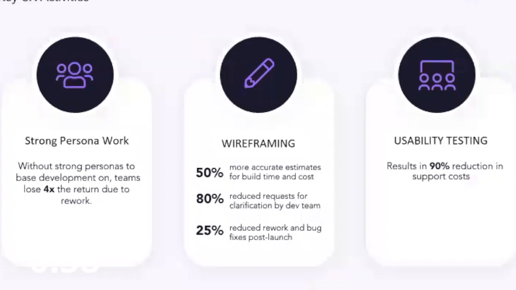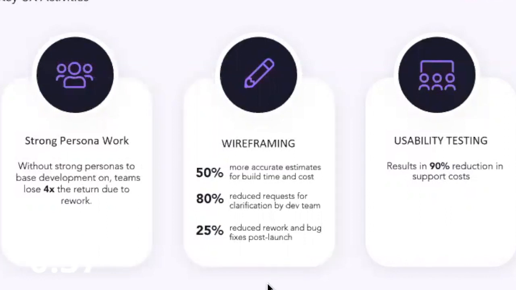We use 3 key activities in UX: personas, which I'm going to talk about in a later session, but a pretty famous study has shown that persona-based design actually causes up to 4 times less rework during development than non-persona-based design.